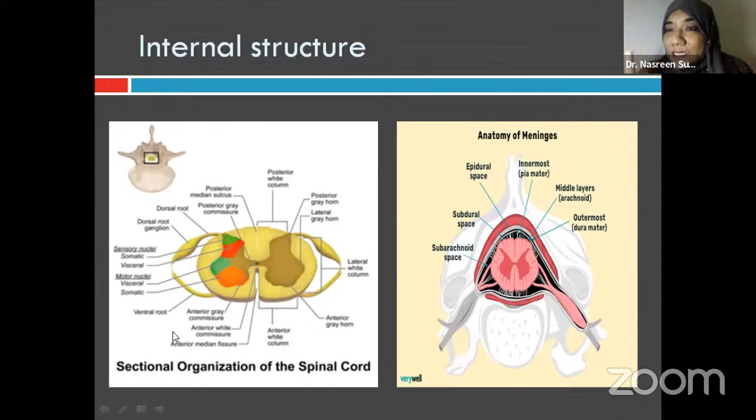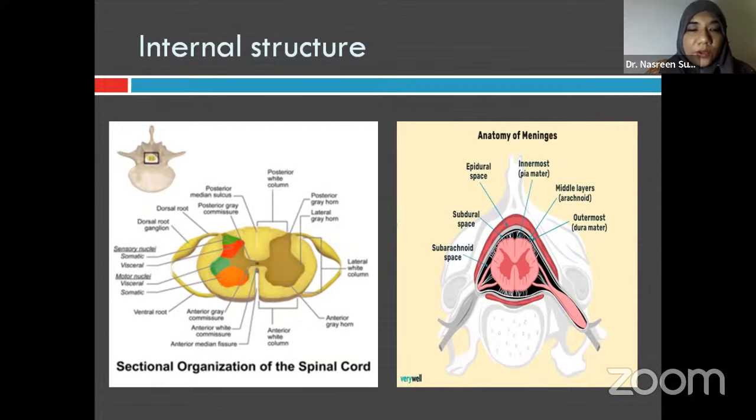Sulcus means a hollow one. Fissure means a deep invagination. That is the only difference; the name is different, that's it. Because the posterior one is a somewhat narrow hollow, it is called a sulcus, and because the anterior one is deep, we are calling it the anterior median fissure.